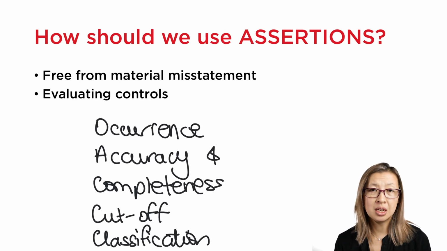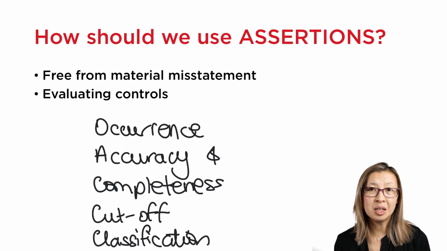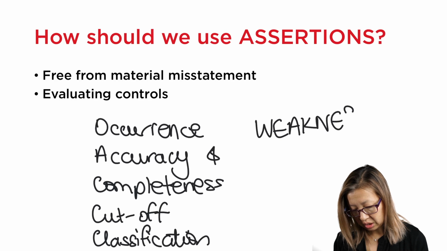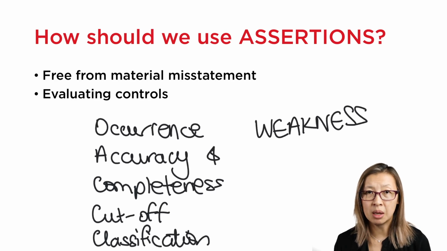So we can use these to evaluate internal controls. List out your internal controls and then see if there's an internal control for every single assertion. If you have an assertion that doesn't have a matching internal control, well then that's a potential weakness in the internal controls, somewhere where a misstatement might filter in either intentionally or accidentally into the financial statements.